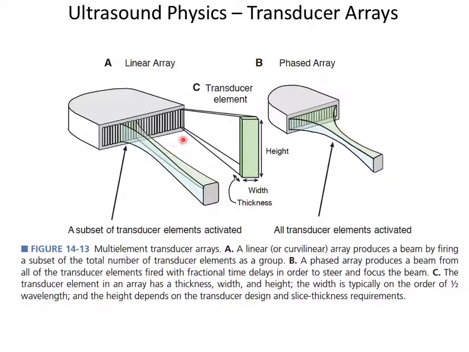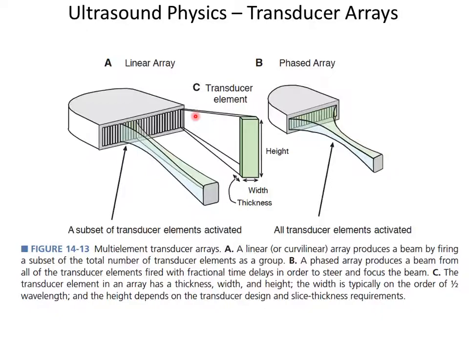So let's just take a look at one transducer element. The height of the transducer this way is going to determine our slice thickness. The width here is the distance of the transducer in this dimension, along the face.